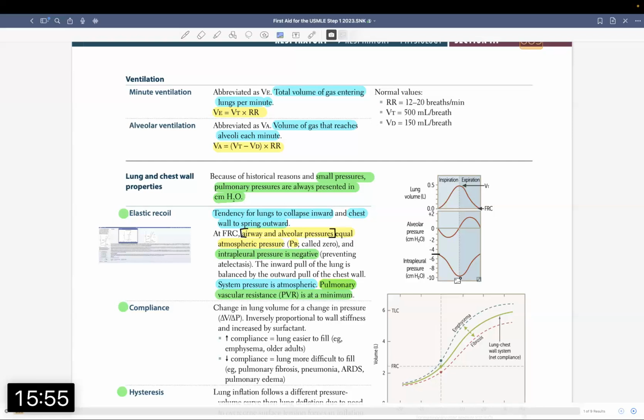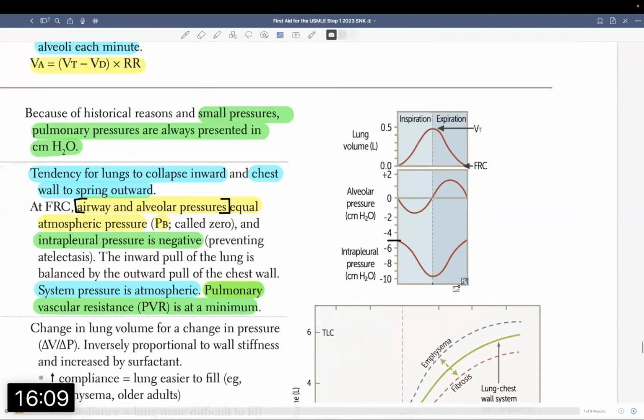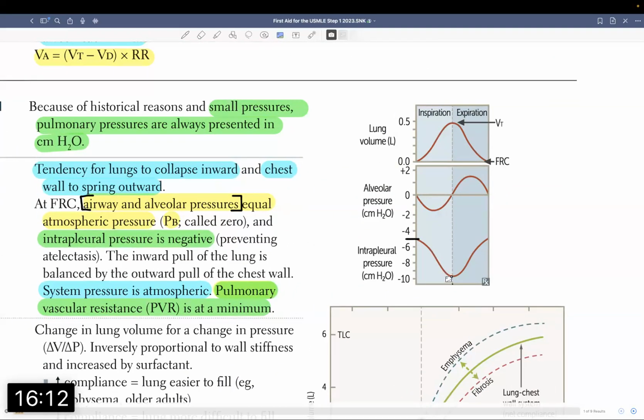Okay, zero atmospheric pressure and -5 intrapleural. So at that point, which you show in the figure, two forces are opposing each other and maintain a balance at FRC. Yes.